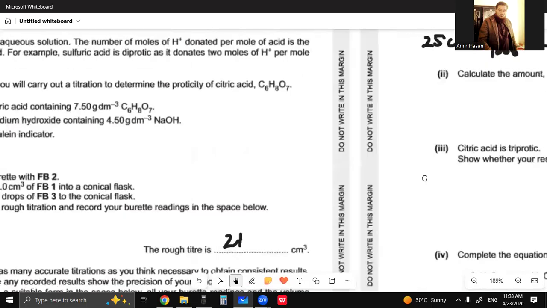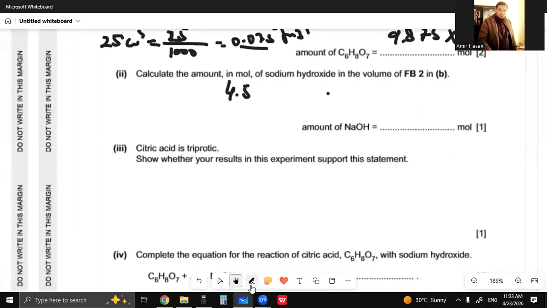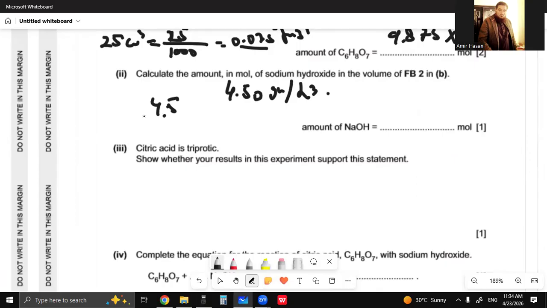It is 4.50 gram per cubic decimeter, okay? Now change it into moles. 4.5 divided by 40, because we also found here the mass of the sodium hydroxide, it is 40, okay?